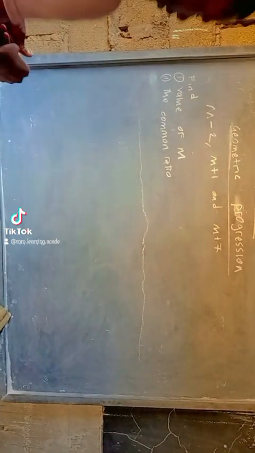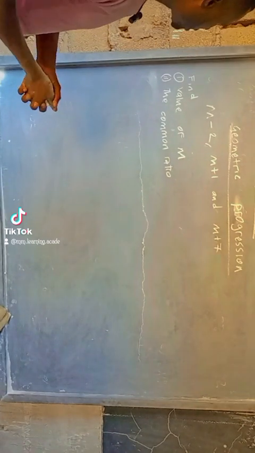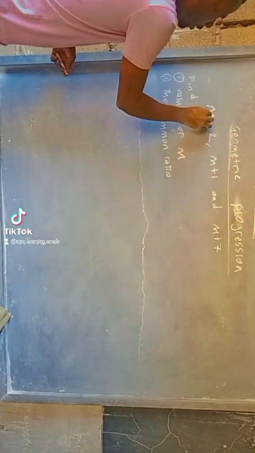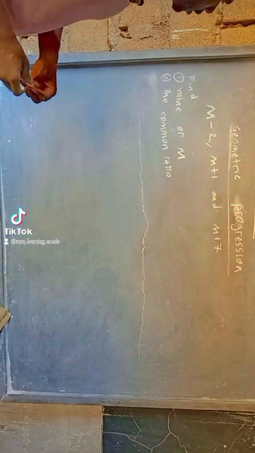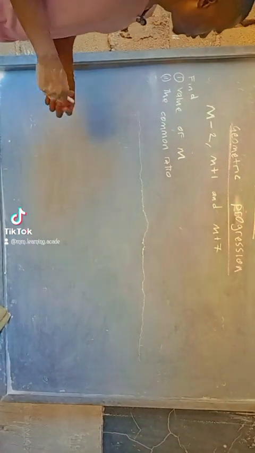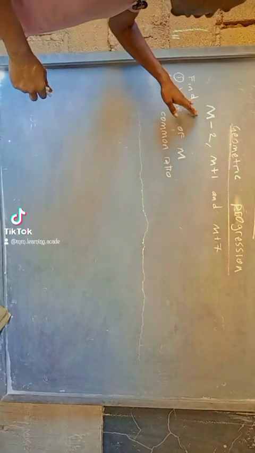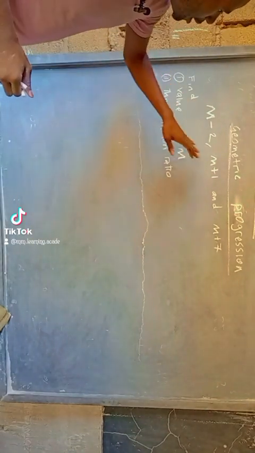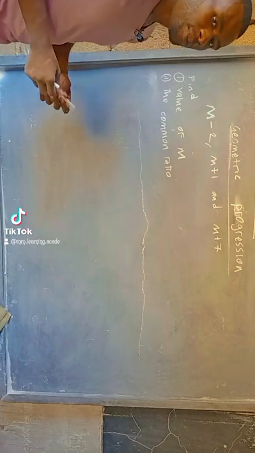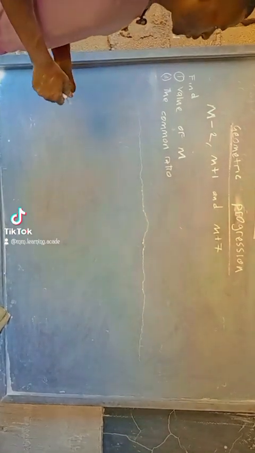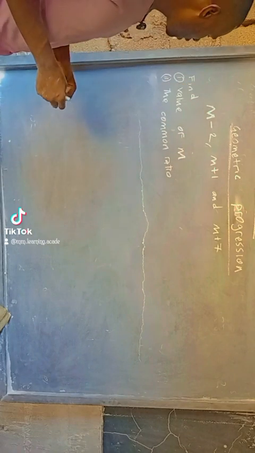Guys, we look at another set of examples. This one is still under geometric progression. The question is: the first three consecutive terms of a geometric progression are m minus 2, m plus 1, and m plus 7. We need to find the value of m.